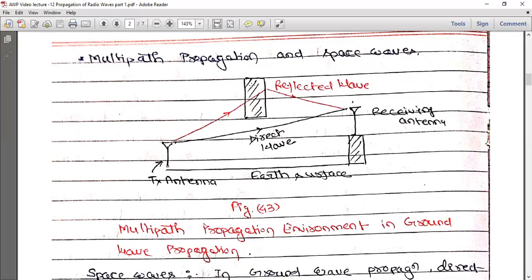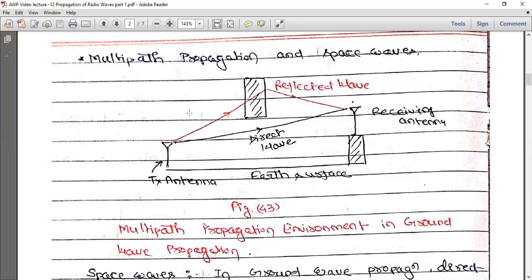This path, in this particular case, we are expressing as a reflected path. There can be many other phenomena. If any object in the surrounding is such that its size is very small as compared to the wavelength of the propagating wave, in that case the phenomenon is diffraction.